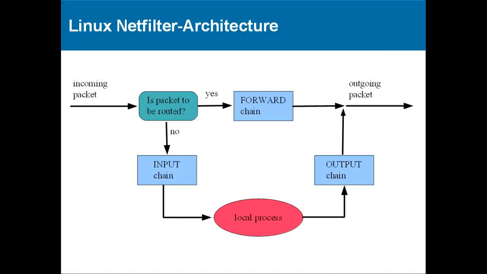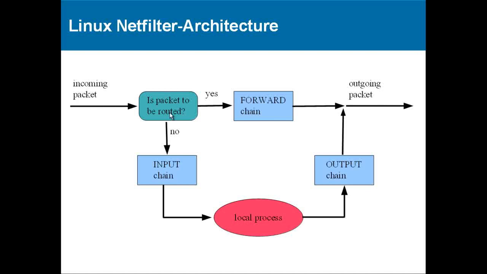Well, basically, there are three different chains: the input chain, the output chain, and the forward chain. And the packets start in chains depending on whether they are from a local process outbound, whether they are destined to a local process, or whether they are actually to be routed through the machine.